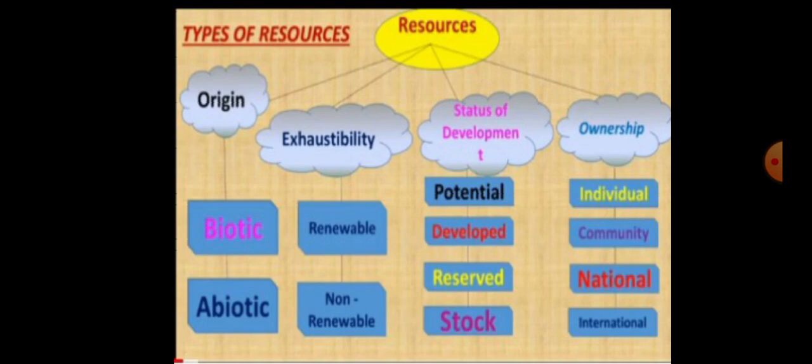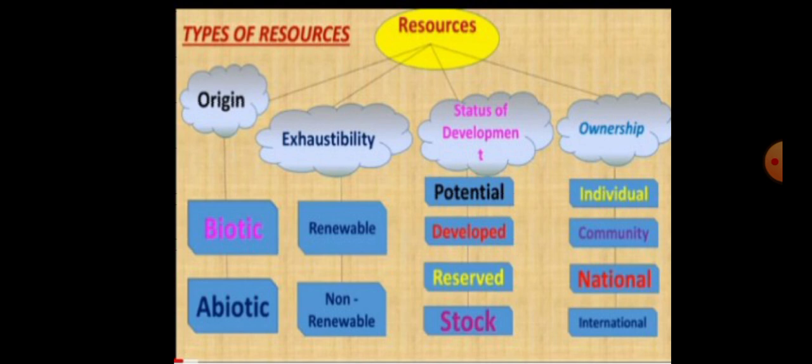If we have a classification of resources, the total types of resources can be classified on the basis of origin, exhaustibility, status and development, and ownership. This is a clear-cut distinction between the four classifications.